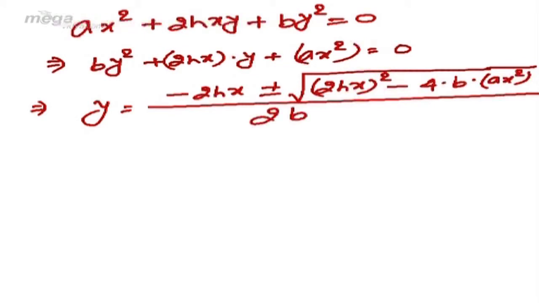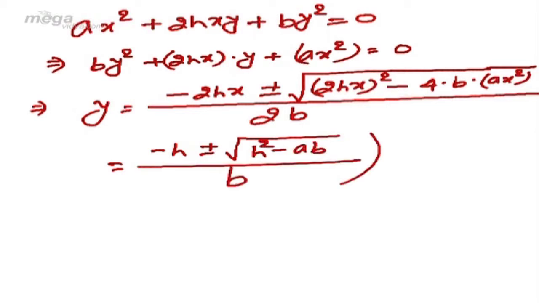From here student, you can take 4 common because it's a 2 square, and then the 2 and this 2 get cancelled. As well, you can take x square common, and out of the root it becomes x. So finally student, you will get minus h plus minus root under h square minus ab upon b into x.